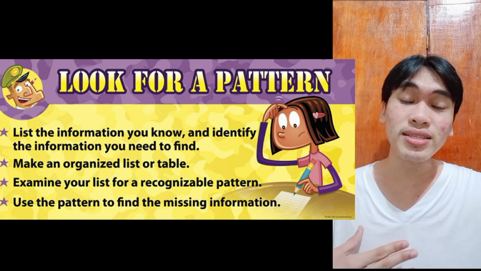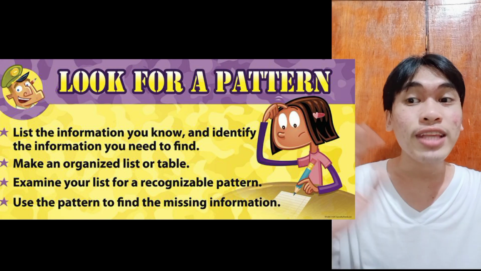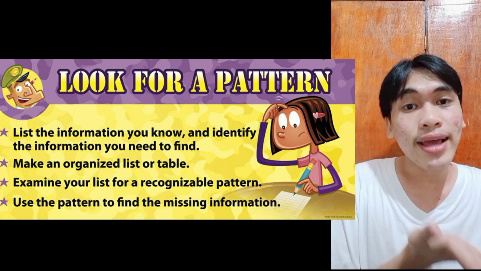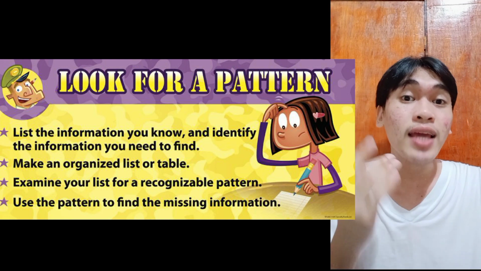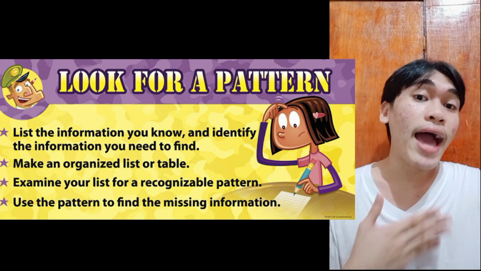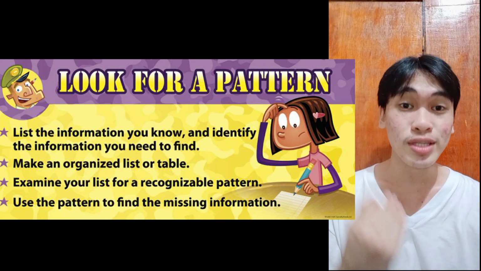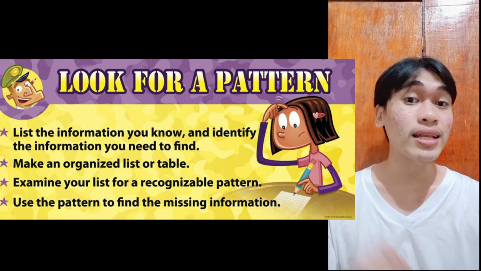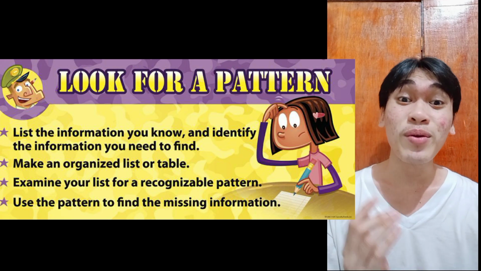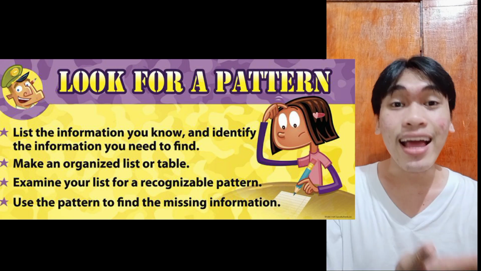That is the missing. I had the pattern 1 is to 1, 2 is to 2, then I used it to find the missing. I want to sleep because I am tired. So it is very useful. I looked for a pattern and I had the answer.